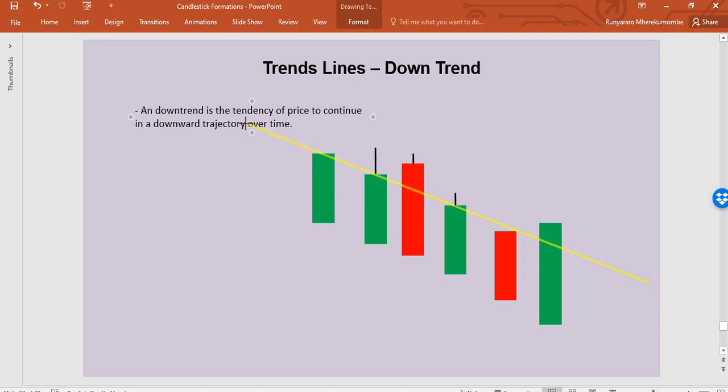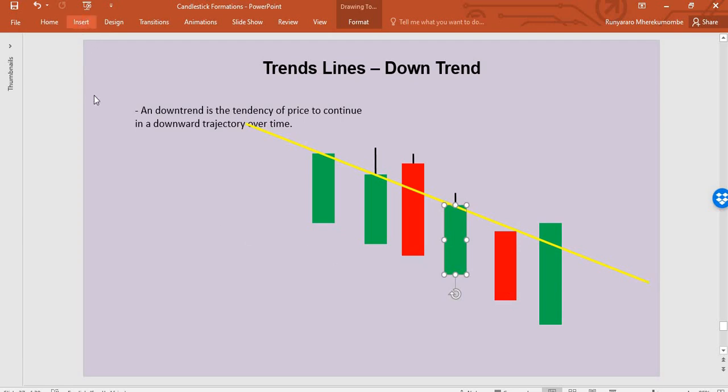Previously, in the uptrend, we were looking at the opening price. So here we are looking at the closing price. So for this one, the closing price is here, and this one is here, so I would not consider those ones. So you see now I've drawn my line to pass through almost the midpoint of the three candles. Then now I say I have got a confirmation of a downtrend line.